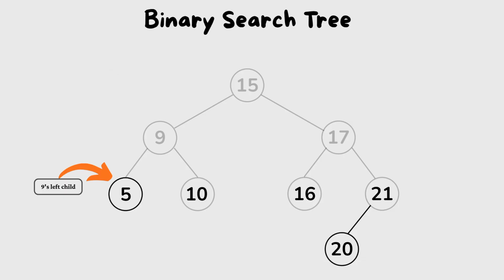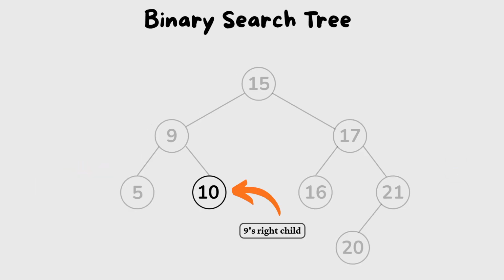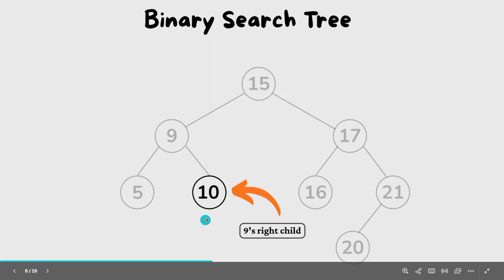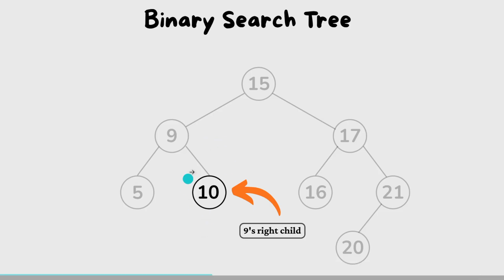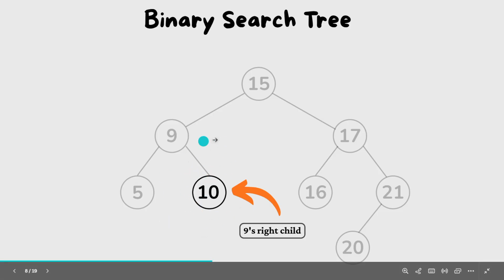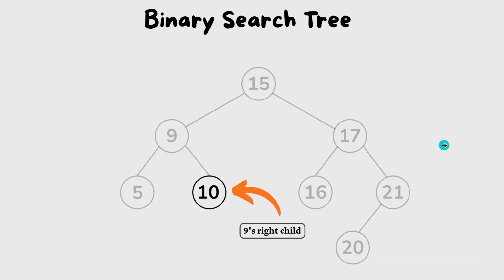So, 5 is the left child of our parent 9, and you can see that it is less than our node 9. So it goes to the left side. And the 10 is our 9's right child, and it goes to the right side since 10 is greater than the node 9.